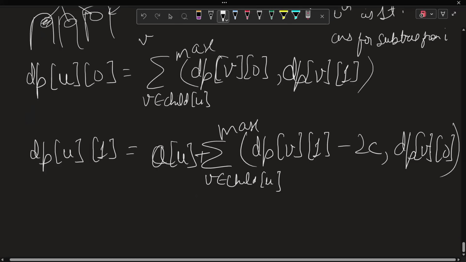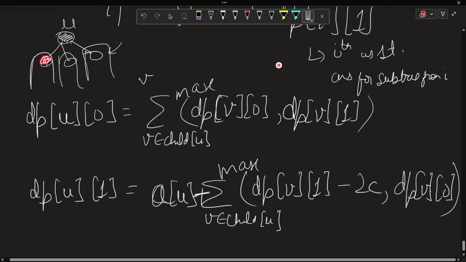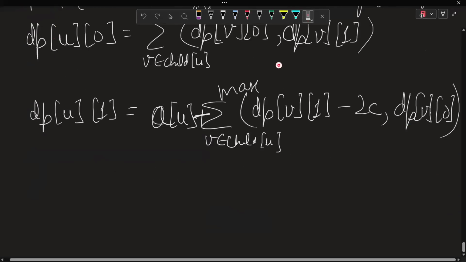Plus this a[u]. So for every child subtree, if you are selecting this, you are reducing your answer by 2c. And if you are not selecting this, whatever answer you got for this subtree would remain. So take the maximum among the two: if you are not selecting this, what's your answer, and if you are selecting this with minus 2c, what's your answer?